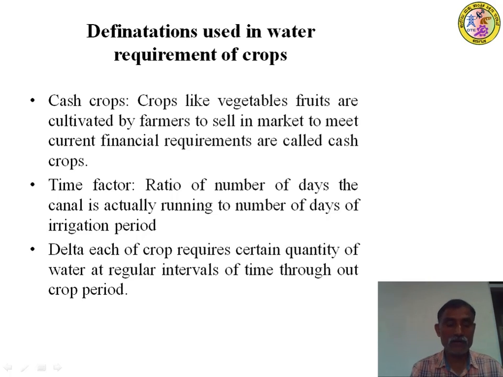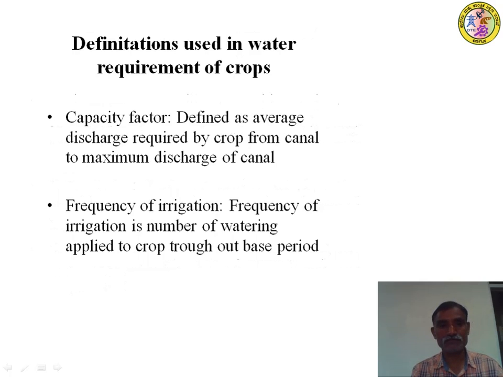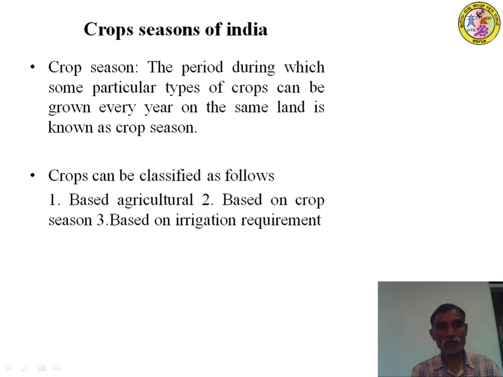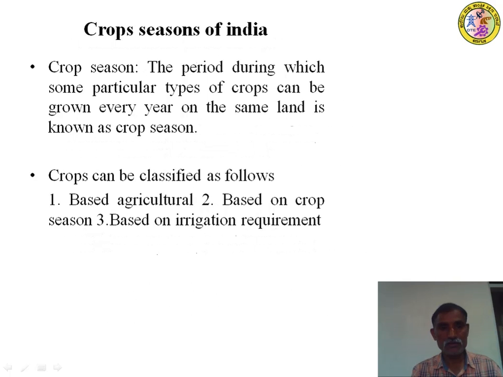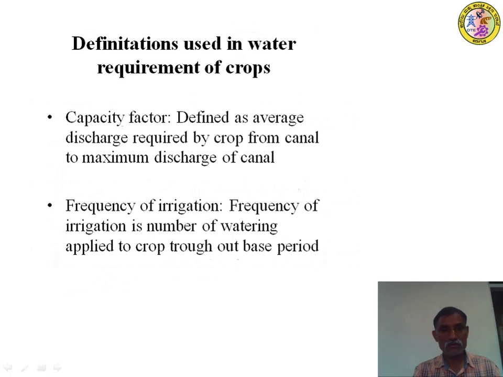For example, in the first watering itself, you are leaving water at a 2 centimeter depth. After that, the second watering, 3 centimeter, 4 centimeter, like that. All together, the total depth may be, for example, 40 centimeter of water on the area.